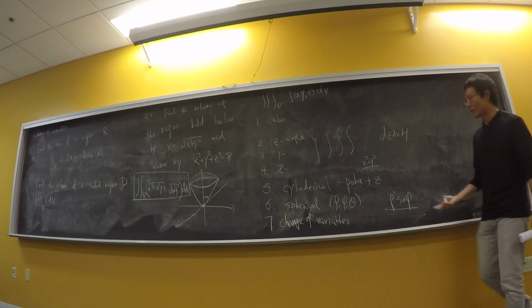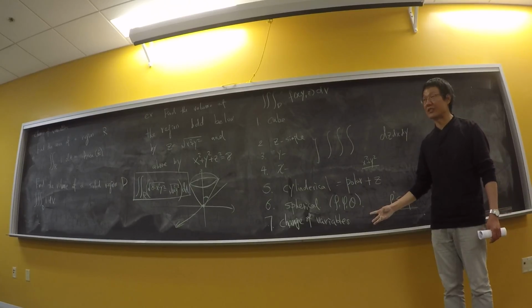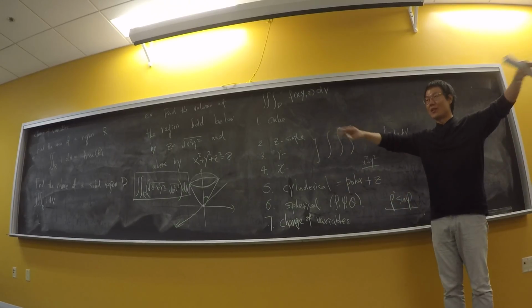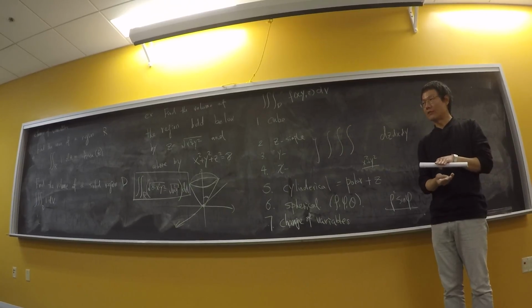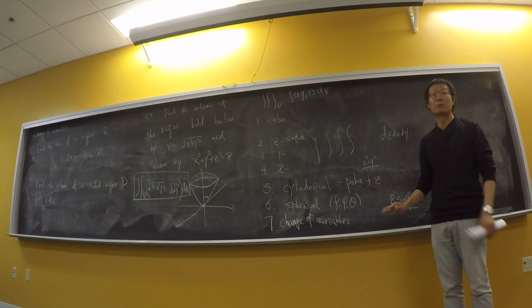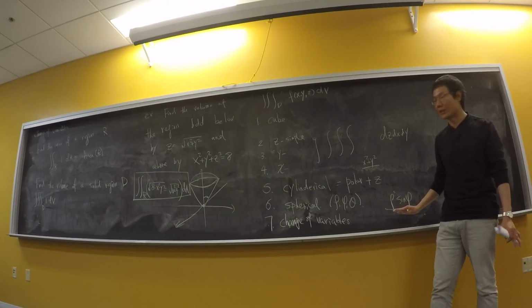If you have a region in R3, the boundary defining functions are going to be much more complicated, am I right? If you have a cube or any polygon-shaped solid, the boundary defining functions involve 3 variables, and then you have to choose a triple of new variables to simplify those functions.